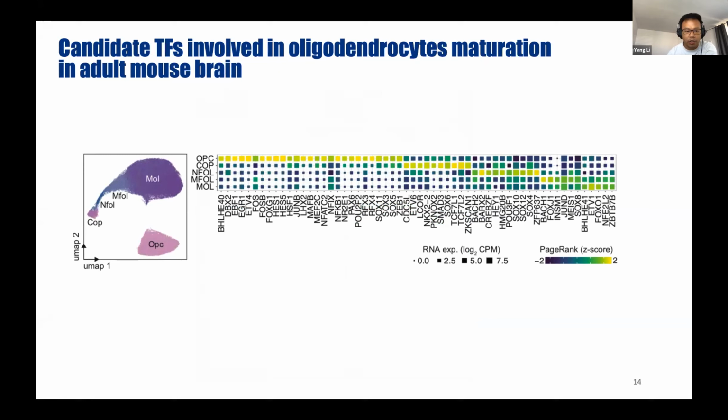One example I want to show here is the myelinogenesis of the oligodendrocyte. You can see the driver TFs involved in the oligodendrocyte precursor cell, committed oligodendrocyte, newly formed oligodendrocyte, myelin-forming oligodendrocyte and mature oligodendrocyte.